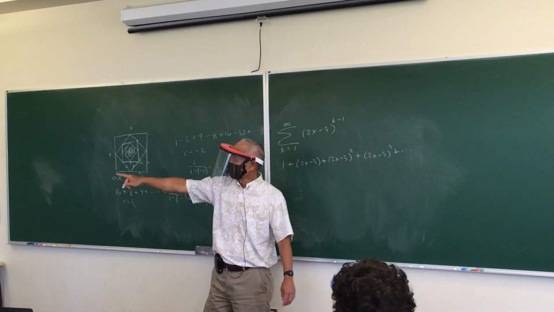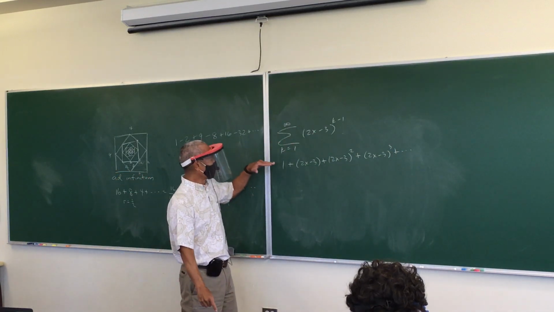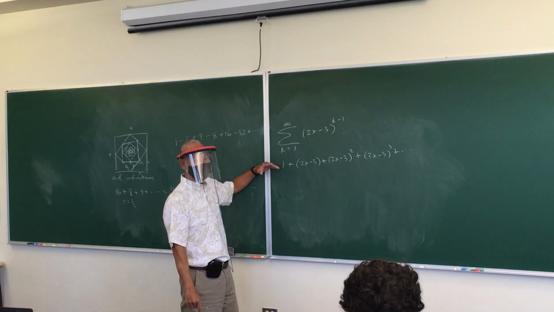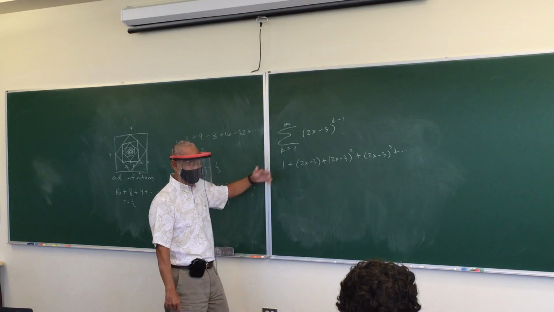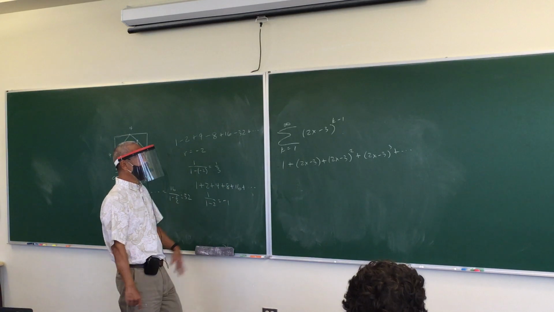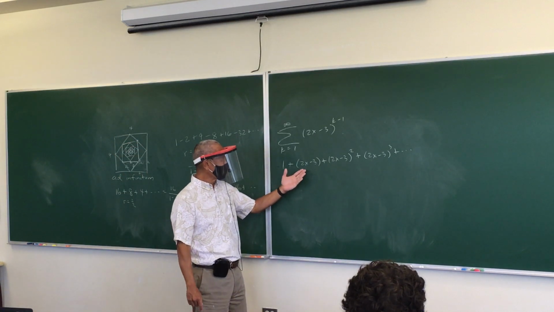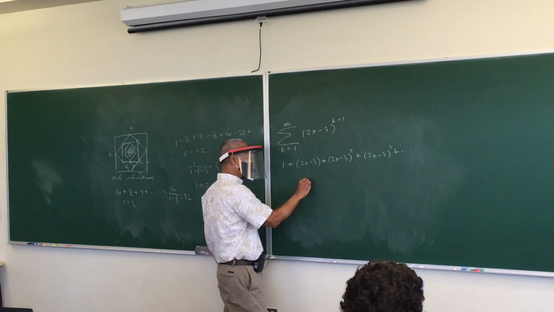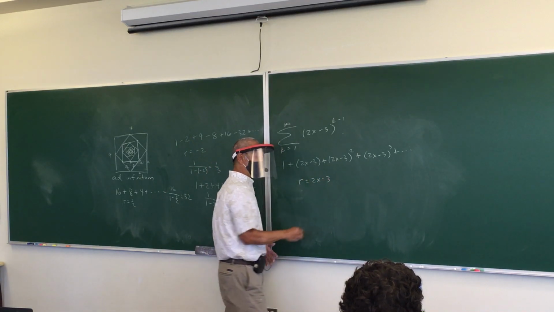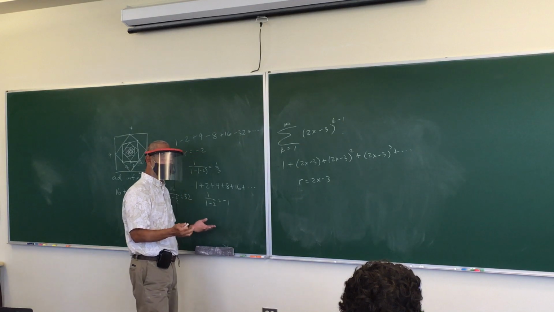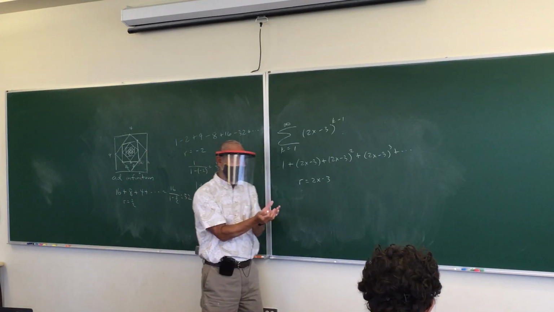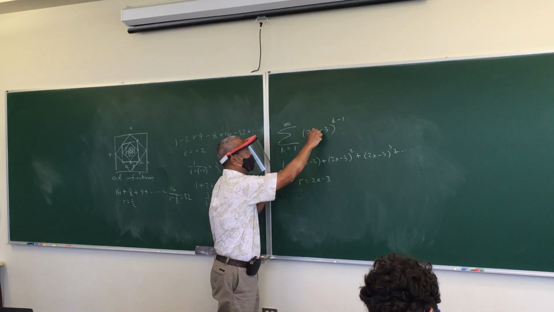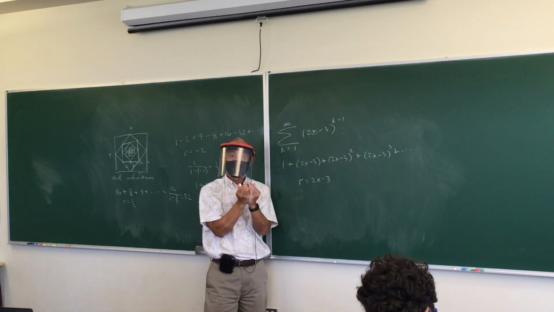Now, the way I wrote it on tonight's homework, I just wrote it like this, but by the time we get to the quiz, I'm going to give you sigma notation and you write it out like this. Anyway, can you see it's geometric? What do I need to multiply to get the next term? What is r? 2x minus 3. Now, what does the interval of convergence mean? It means, what numbers can I plug in for x right here so that this series will converge?